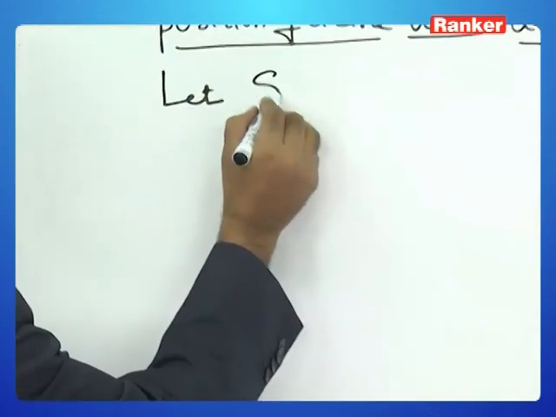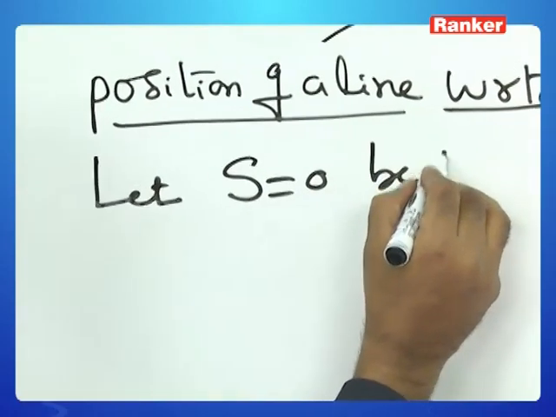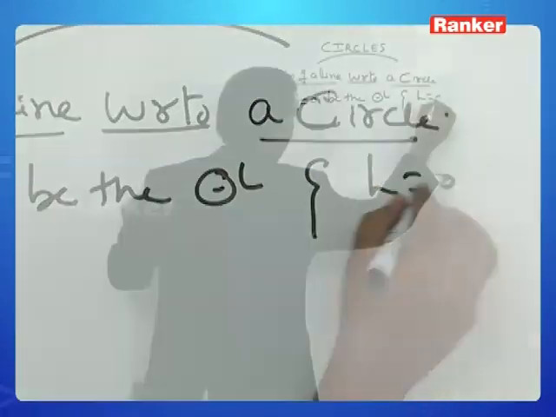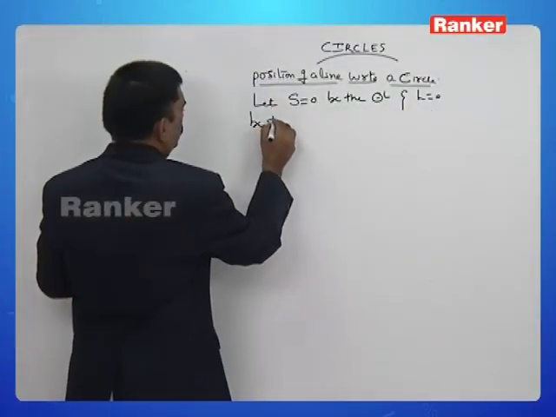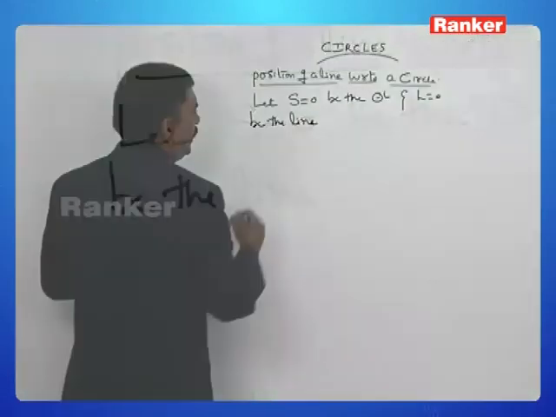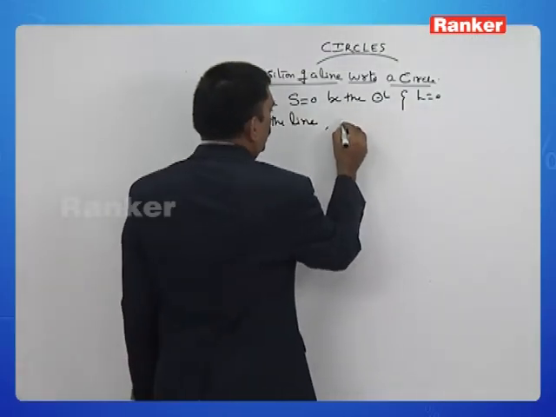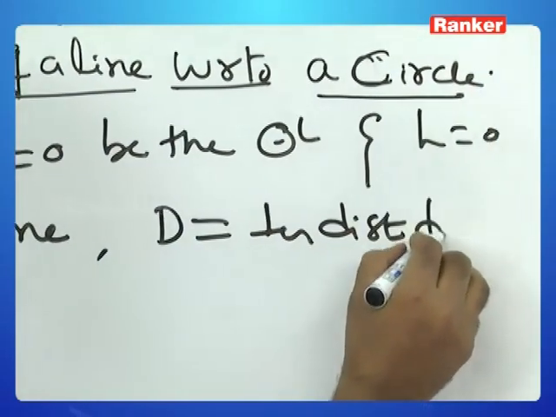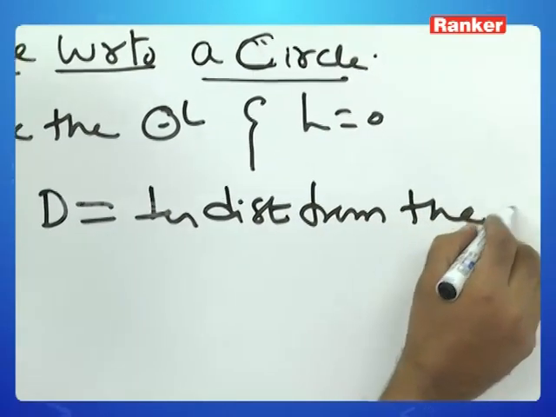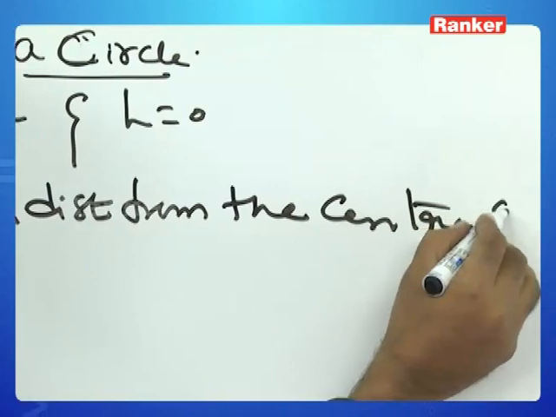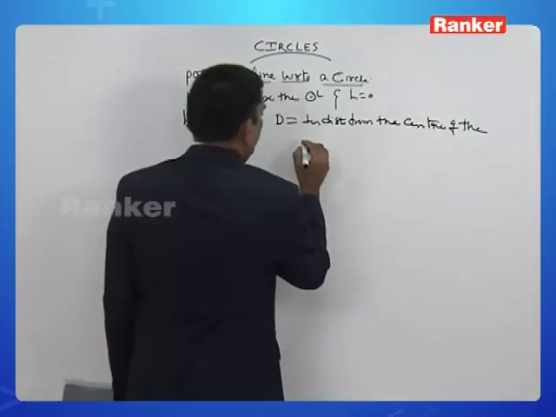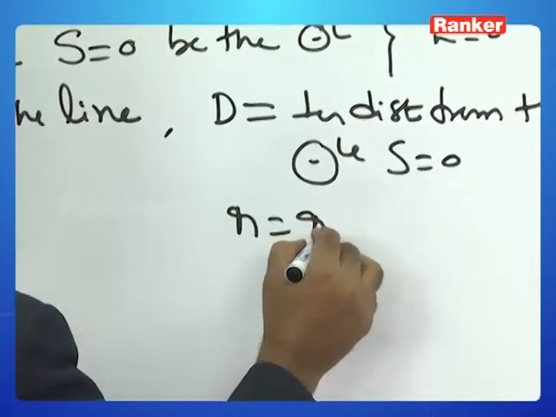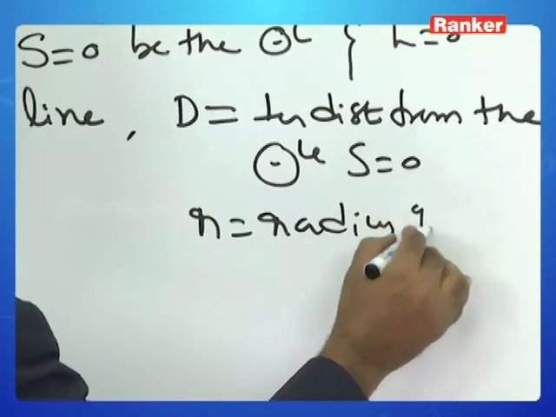Okay, now coming to, let S is equal to 0 be the circle and L is equal to 0 be the line. D is equal to the perpendicular distance from the center of the circle S is equal to 0, and R is equal to the radius of the circle.